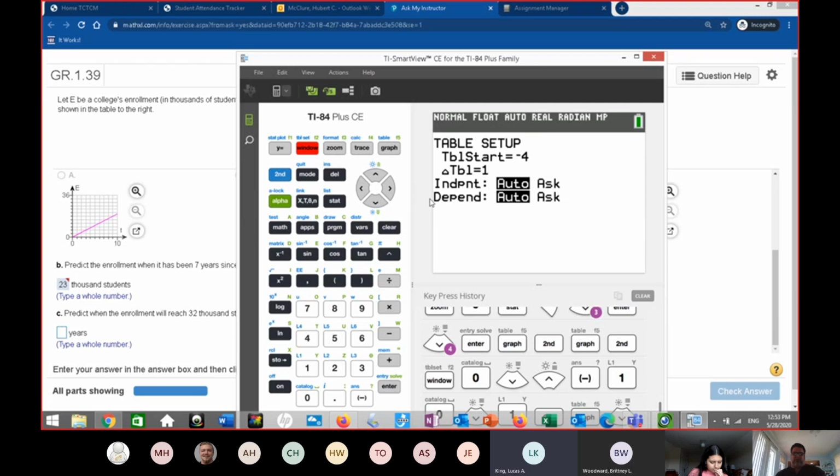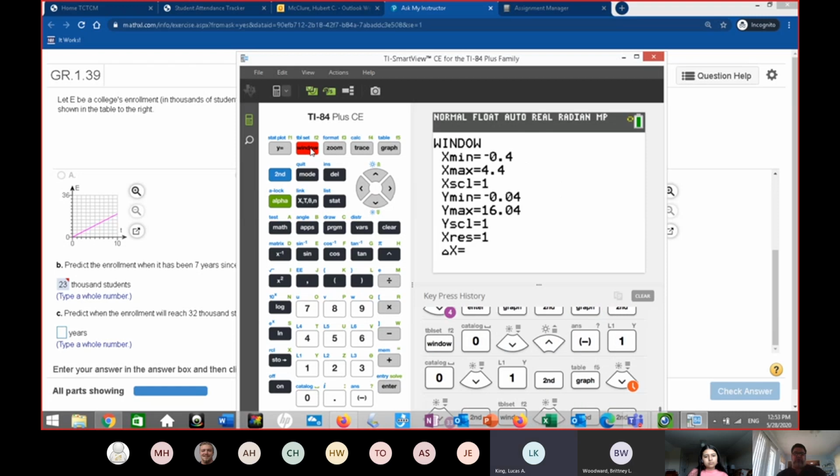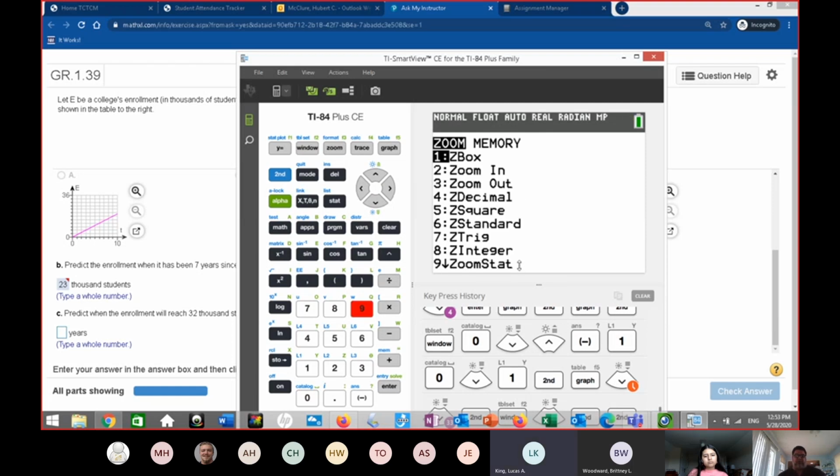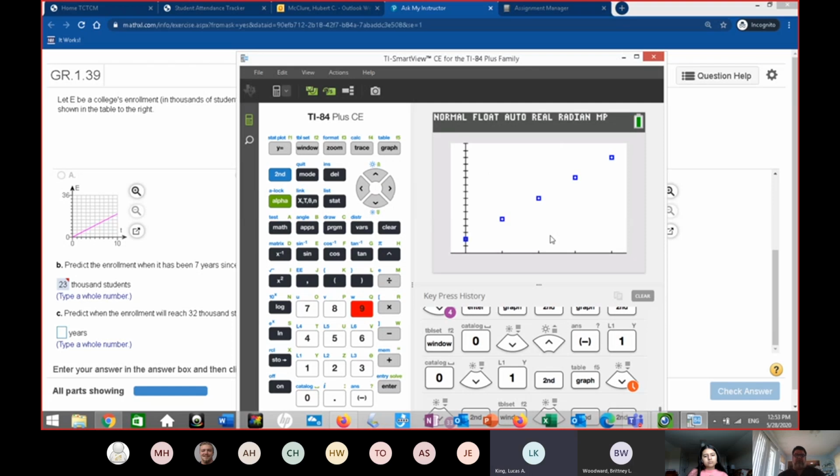I get a window range error. You need to fix the window. Well, don't mess with the window because the window is set on Zoom stat, so you want to leave that alone.